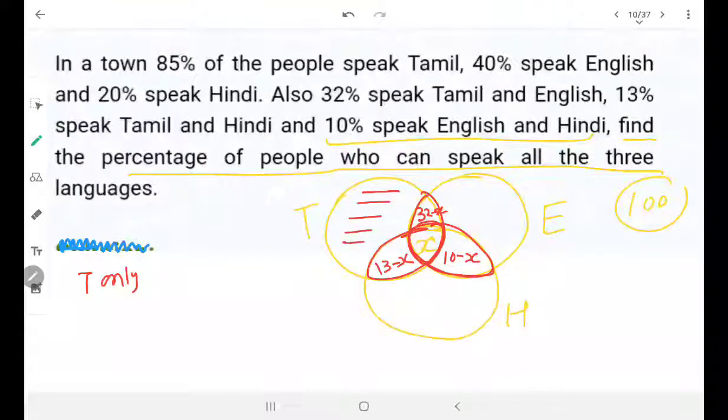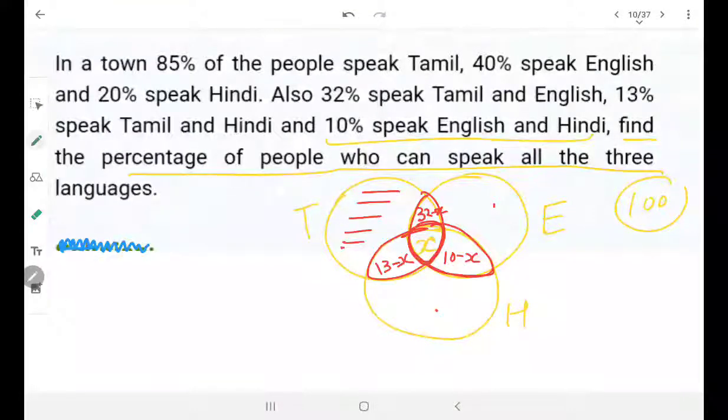Tamil only is this region, so it is 85 minus 13 minus x plus x plus 32 minus x. Now there are two methods to do this question. Either you can directly apply the formula, or you find each of them individually and then solve. I think the formula will be easy because directly you have to substitute the values.